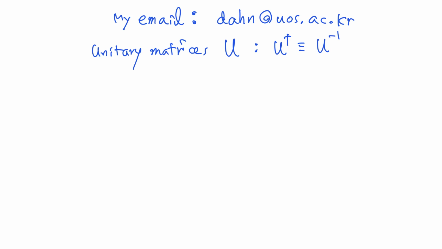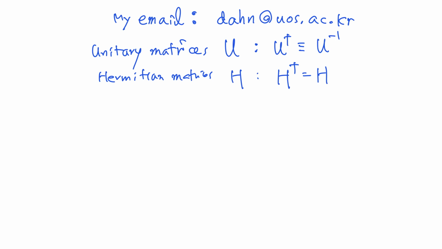On the other hand, for the Hermitian matrix, H adjoint is the same as itself. That's the definition of a Hermitian matrix.